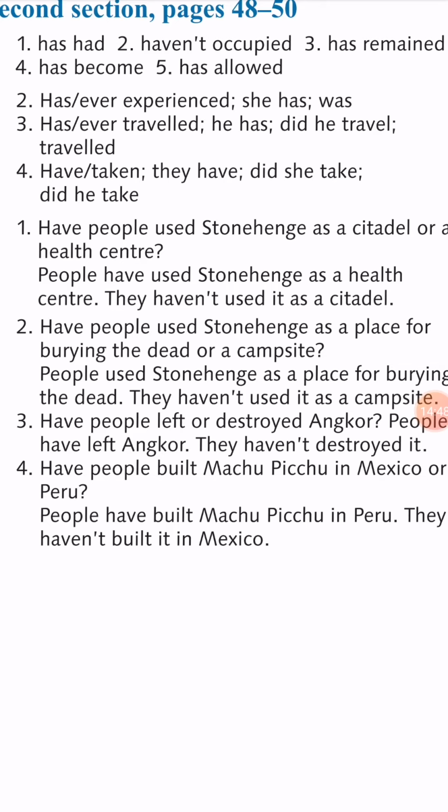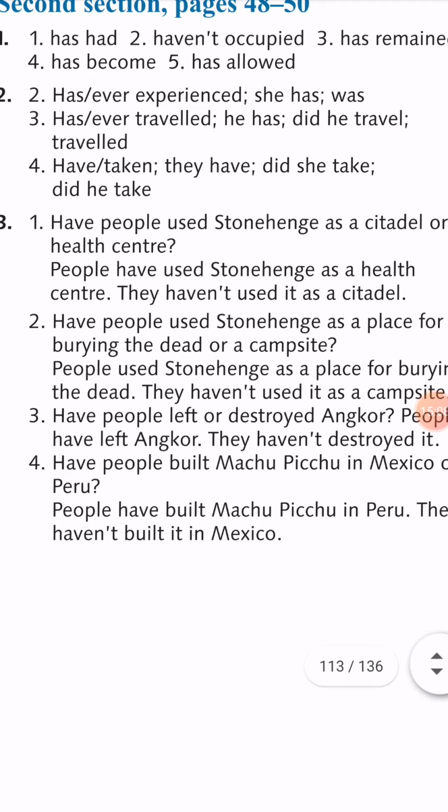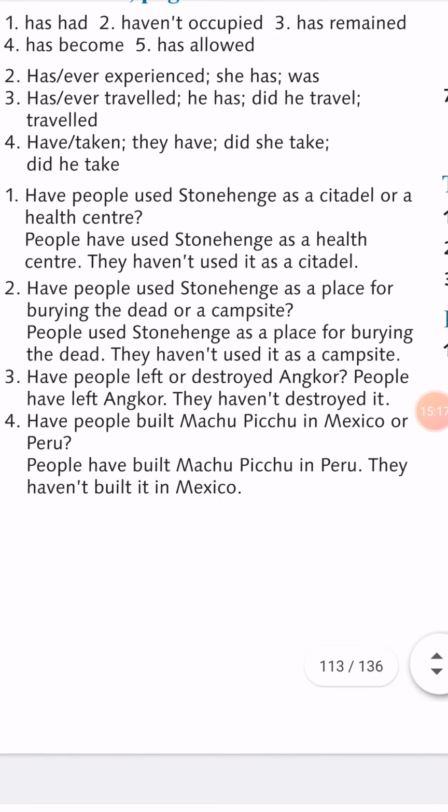Number 4 now: people build Machu Picchu in Mexico or Peru. In present perfect interrogative form: have people built Machu Picchu in Mexico or Peru? Look at the answer in the affirmative: people have built Machu Picchu in Peru. They haven't built it in Mexico.